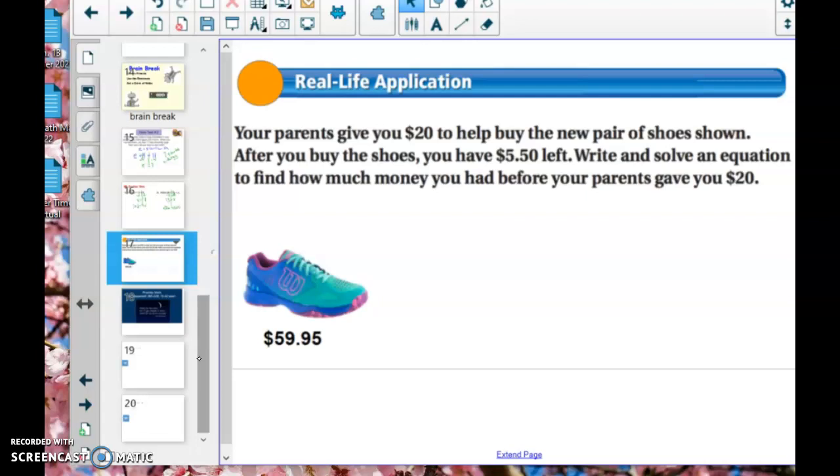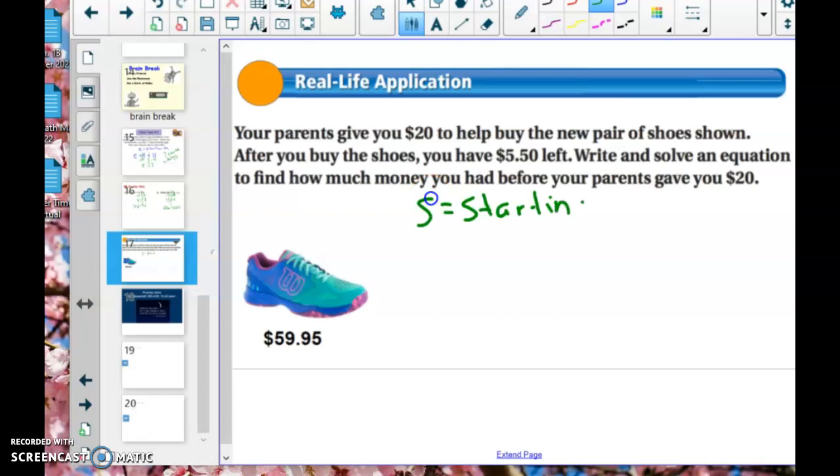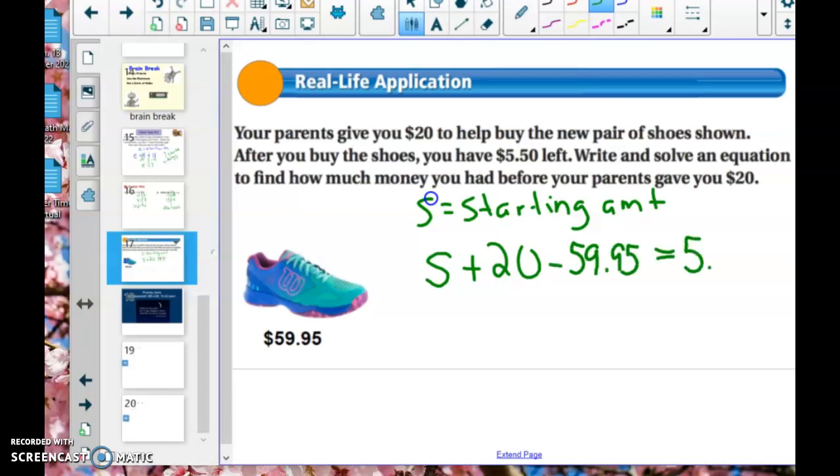So we're going to say my starting amount is S. And then your parents gave you $20, so I would add that to my S. But then I bought a pair of shoes, and the shoes pictured there are $59.95, which then left me with $5.50 left over.